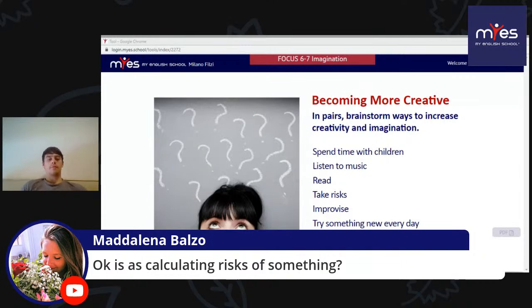Calculating risks is something different. Calculating risks is where you evaluate a situation.